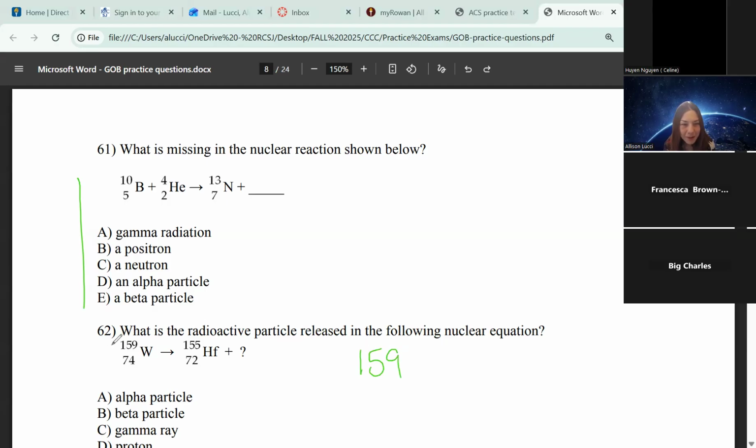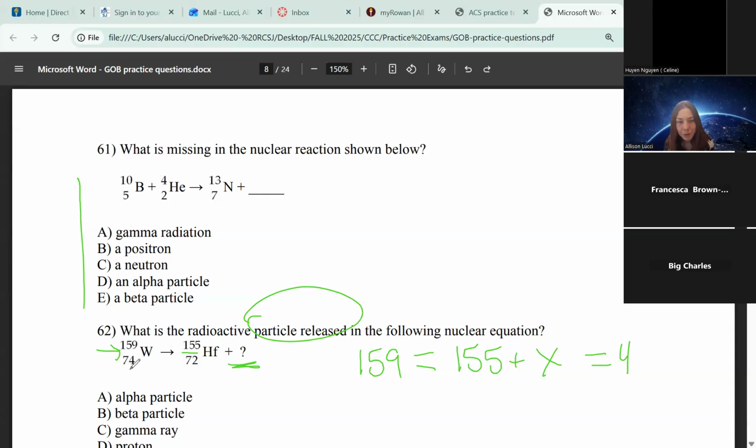All right, so I have my mass number for tungsten, W, which is 159. There are no other reactants. So 159, I'm going to set equal to my hafnium here, 155, plus some particle. We want to know what particle is released. So 159 equals 155 plus X, so I know that my X must equal 4.